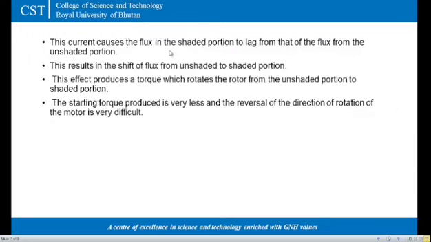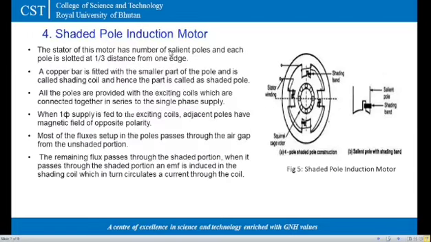In this type, the stator of the motor has a number of salient poles, and each pole is slotted at a distance of one third from one of its edges. A copper bar is fitted on the smaller part of the pole and is called a shading coil, and hence that part is called a shaded pole.